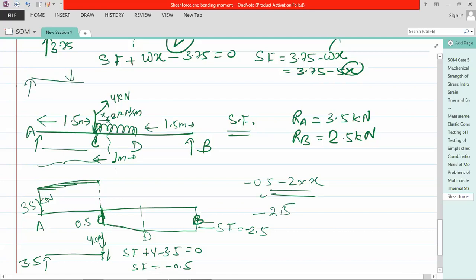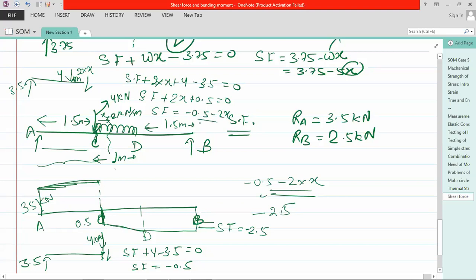Here this force is 3.5, this is 4, and this is again 2 into x. Now SF equal to, suppose this is the direction, SF plus 2 into x plus 4 minus 3.5 is equal to 0. Then SF plus 2x plus 0.5 is equal to 0. SF is equal to minus 0.5 minus 2x. I hope you get it now how I came with this value.